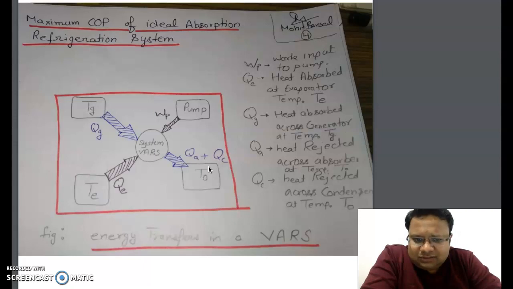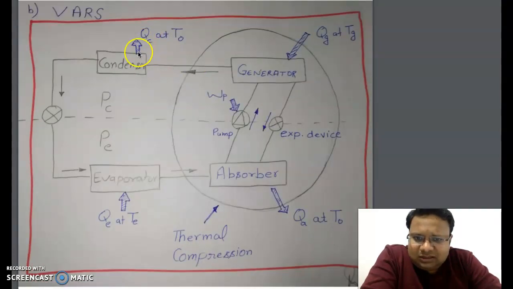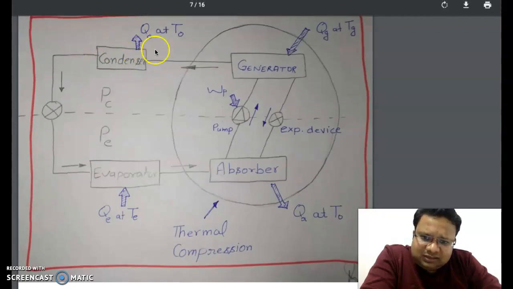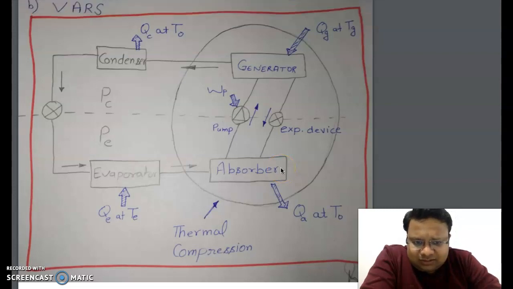So we have seen that in the vapor absorption system, we generally reject heat in these two components. One is the condenser, QC at TO, the ambient temperature, and another is the absorber, because we have seen that absorption is an exothermic reaction.